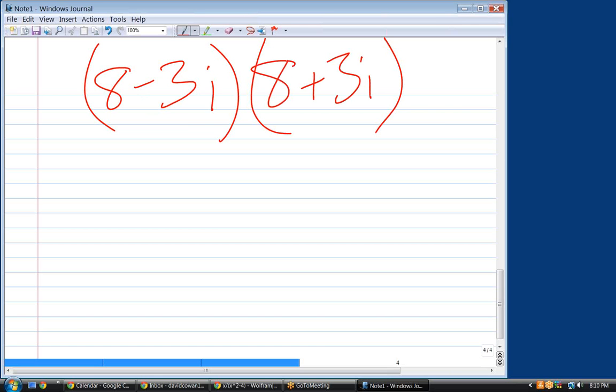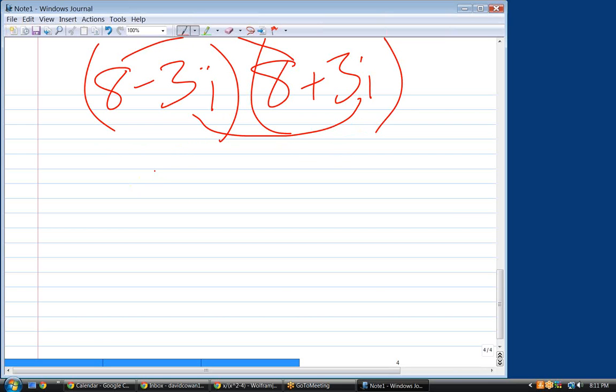And when you multiply an imaginary number by its conjugate, you're going to eliminate the imaginary part of it. Remember that this is the difference of squares factored. So when I multiply this times that, I only have to worry about the first term and the last term, because the two middle terms are going to cancel one another out, and that's always the way it is.